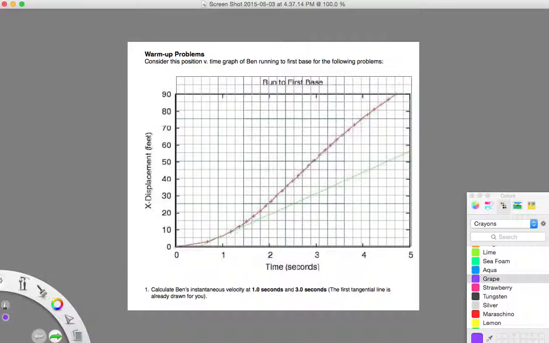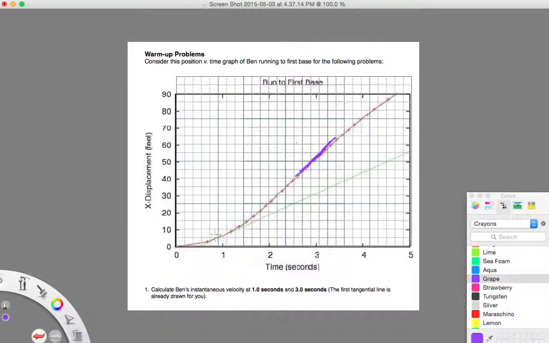A little bit steeper at 3 seconds. It's going to be something like that. Okay, so the purple line there is the slope approximately at 3 seconds. And this right here, the green, is the slope at 1 second.